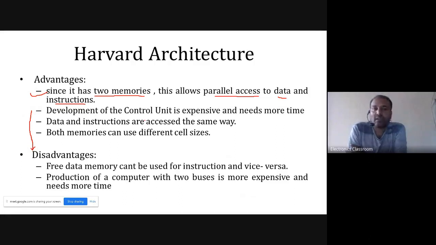Then, data and instructions are accessed the same way. As we have separate memories, yes, we are accessing both data and instructions in parallel, but the accessing of both can be in the same way. Same way means we can use the same instruction to perform the same operation.